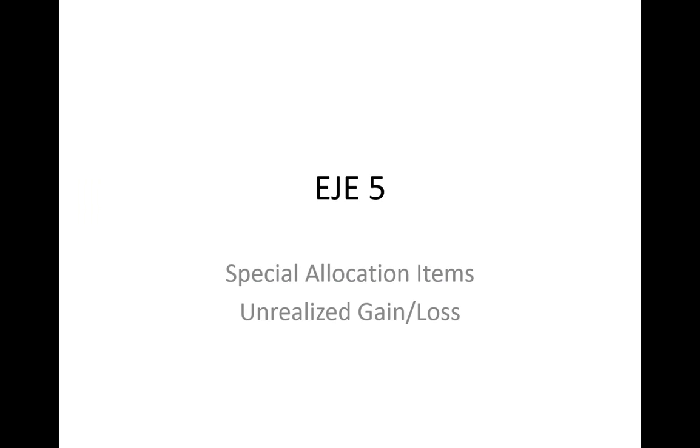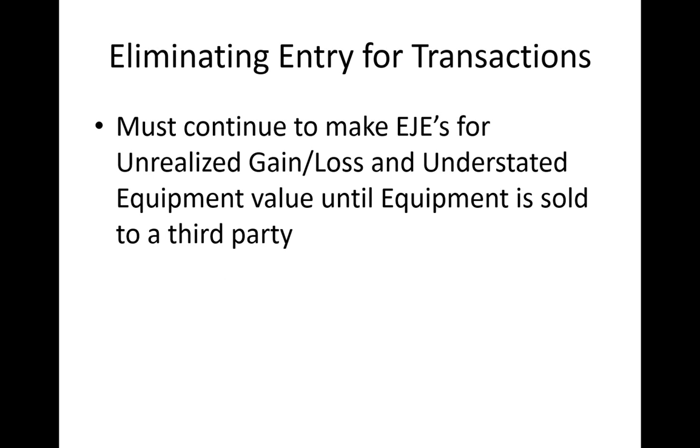The next EJE is the unrealized gain that we had. But you have to ask yourself, was that gain related to the prior year, X7? We shouldn't have to do that again. That's over with. Well, if you remember correctly, we have some asset accounts involved, so we have to continue to do this. And the reason we need to do this is that the equipment is understated. If you remember correctly, the equipment on the sub's records is at 190, and it should be at 225.